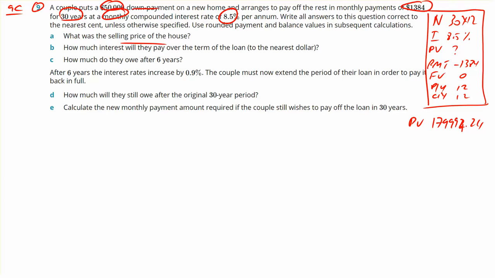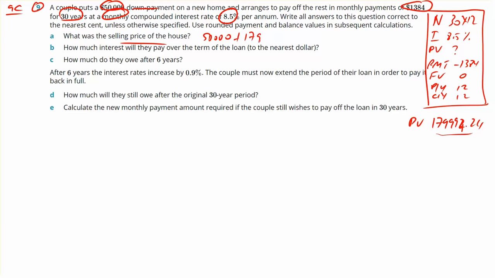Okay, now this is actually not the price of my home, because that's the amount we borrowed from the bank. We already paid a down payment of $50,000. So the price of the home would be your down payment plus the amount you borrowed.